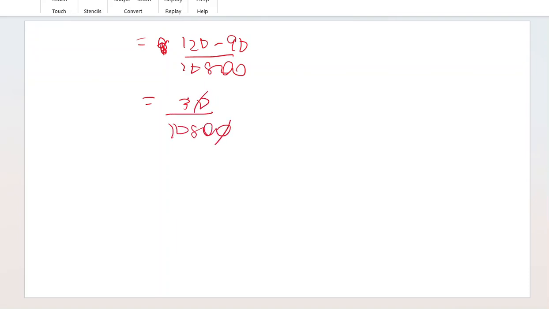I mean, over here I get 120 minus 90 upon 10,800. This gives me 30 upon 10,800. I remove 30, and this will give me 3 upon 1080. Now I can still think if 3 divides this, 3 ones are 3. I take 1080 divided by 3. This answer is 360. So I get it as 1 upon 360.